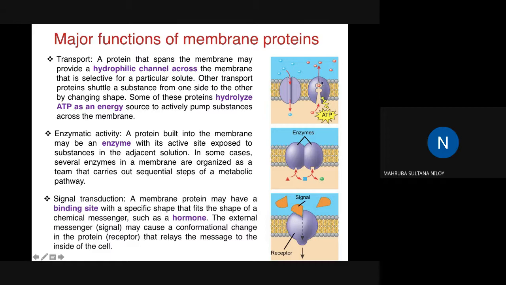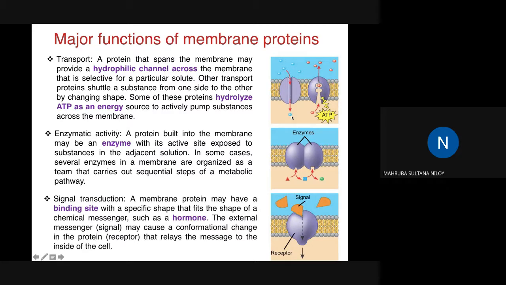We discussed that the plasma membrane contains channels, right? Yes, sir. So hydrophobic molecules may pass through these channels.